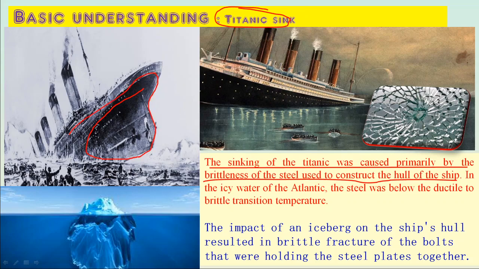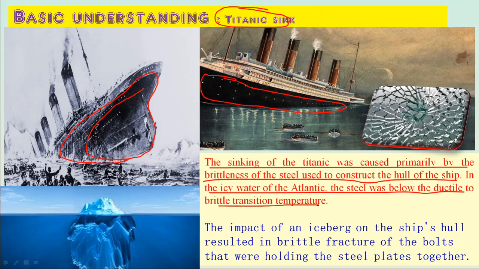This portion of the ship was made of steel, and this steel became brittle when it was traveling toward the ocean. In the icy water of the Atlantic, the steel was below the ductile to brittle transition temperature.